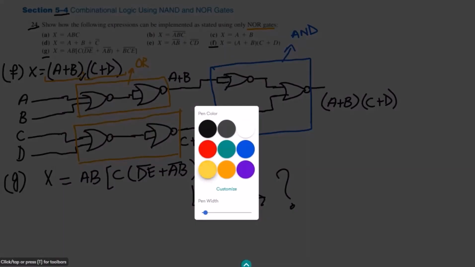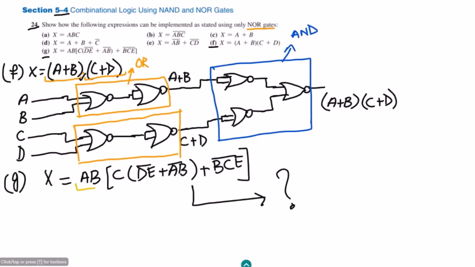Let me use this yellow color. This is the AND operation, and here this will be the NAND operation of 3 inputs. And here we have this OR operation, similarly here this OR as well.